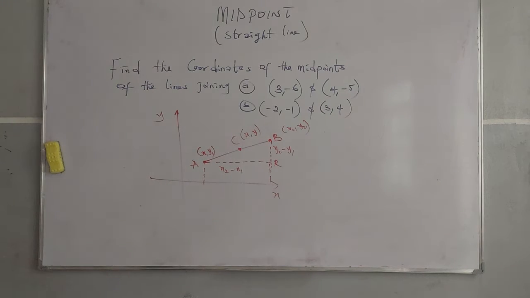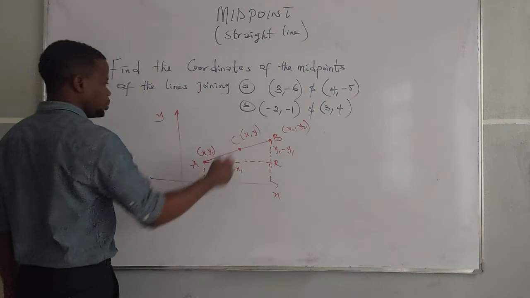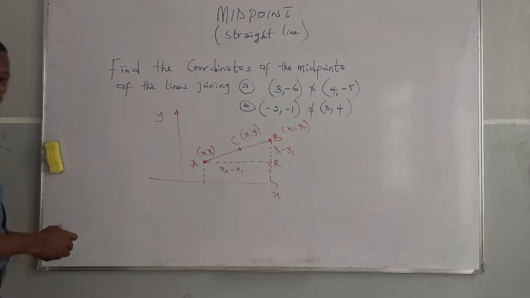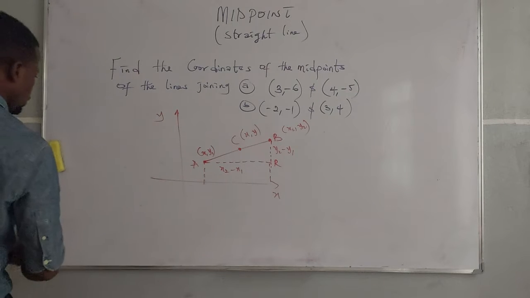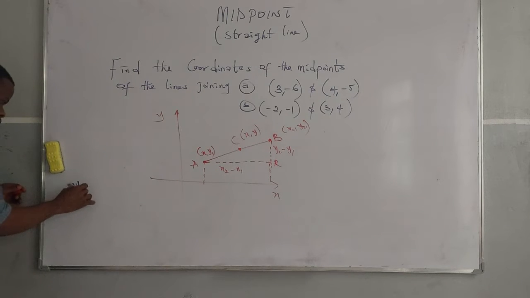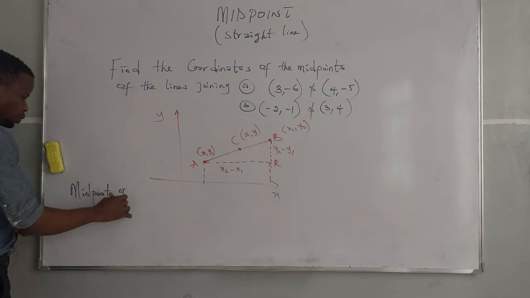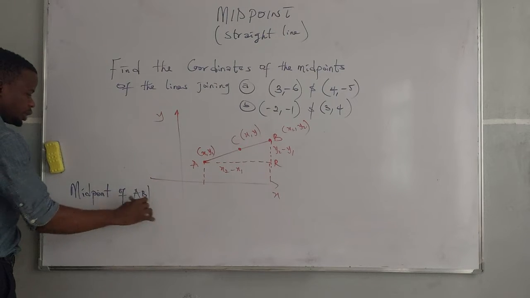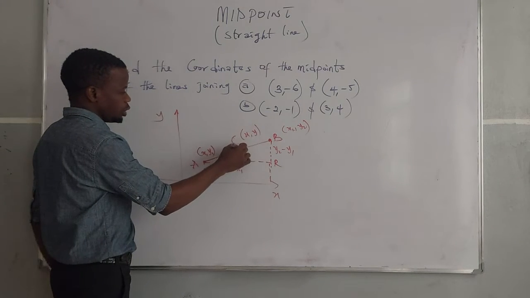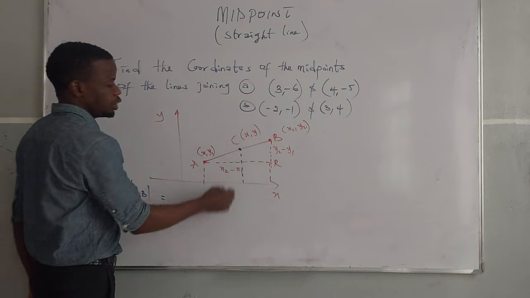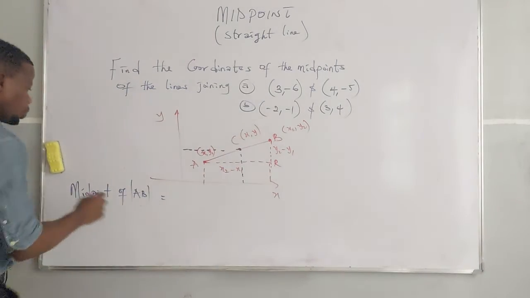After all is said and done from this calculation, of course, our midpoint of AB, which you can call it now, let me write without much hassle, midpoint of AB, should be in the form of coordinates, because we can trace this one to the x, and trace this to the y. Are you seeing that?